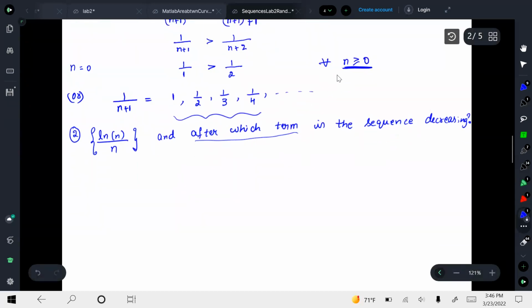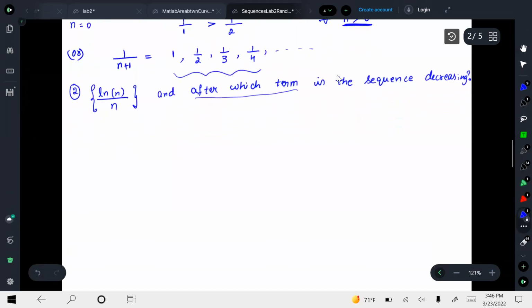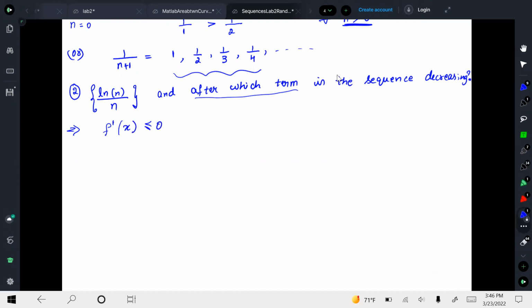Now, in order to find the term, you need to follow this condition: f prime of n, or let's say x, less than or equal to 0. If the sequence is decreasing, the derivative of the sequence will be less than or equal to 0.